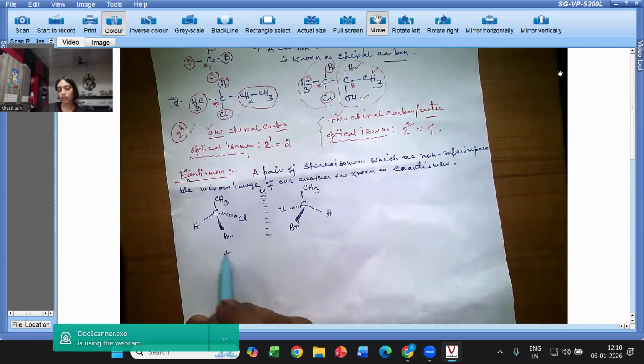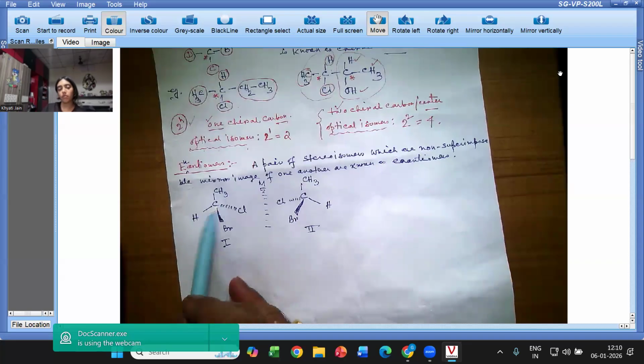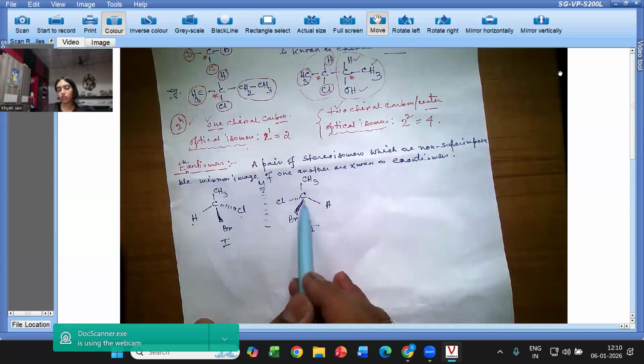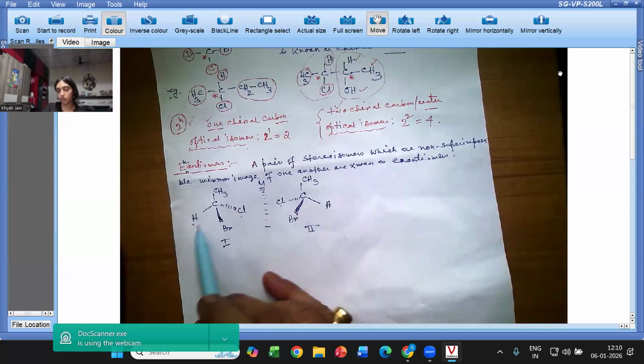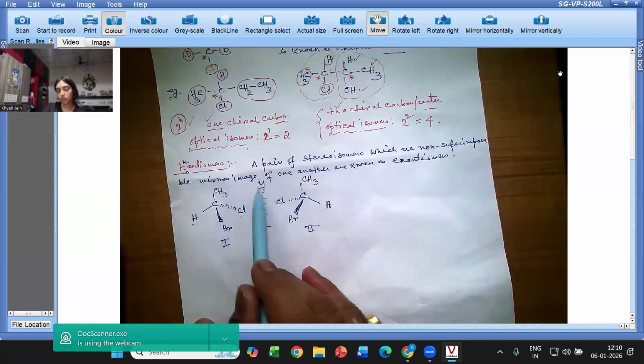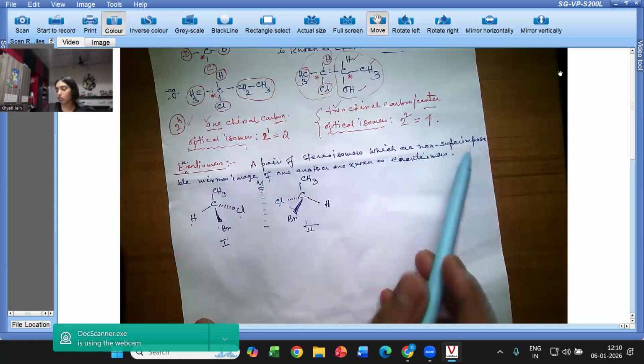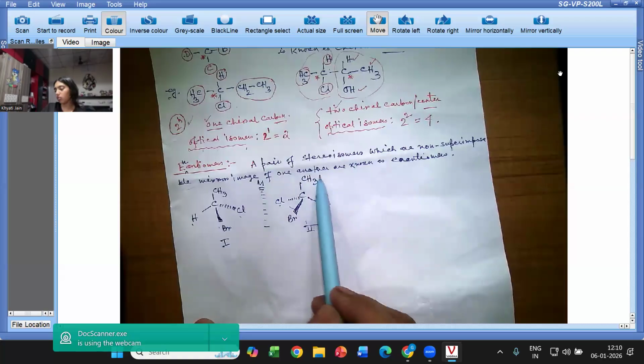This is compound one, this is two. See the compound: left hand side hydrogen, right hand side Cl, right? They are interchanging. Cl has come to the right hand side, and it has gone interchanged. Is it superimposable or a mirror image? These two isomers are called enantiomers. So compounds 1 and 2 in the diagram are enantiomers of one another. A pair of stereoisomers which are non-superimposable mirror images of one another is known as enantiomers.